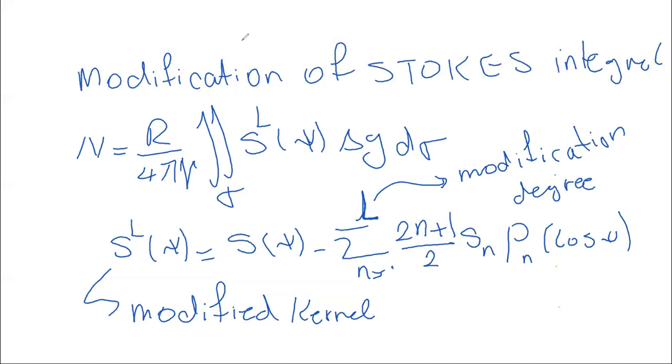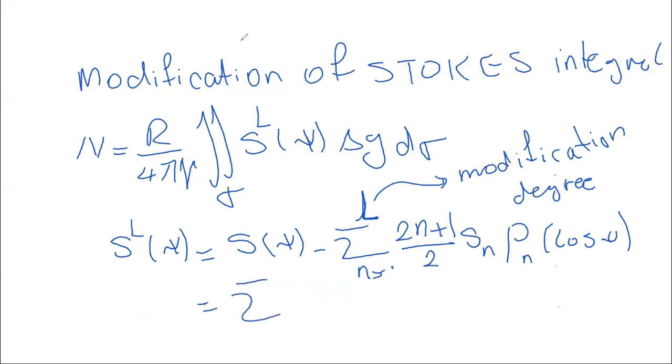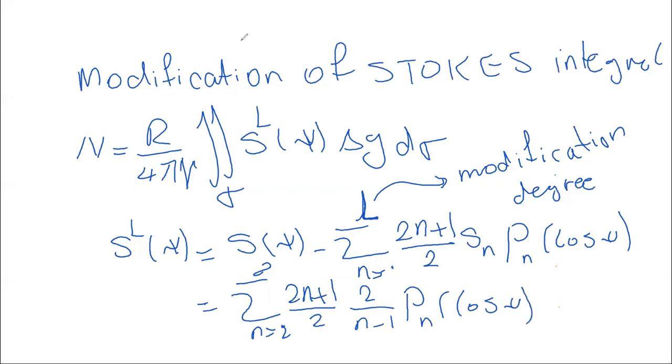If you remember from the previous discussion, I showed you that the Stokes kernel has this spectral form. This one minus this term which comes here.